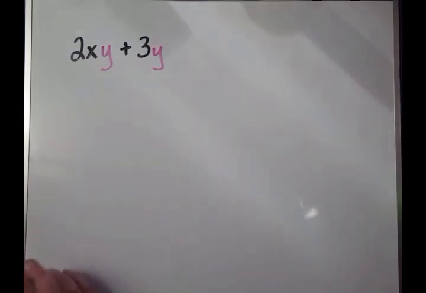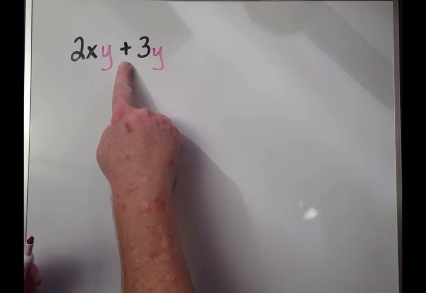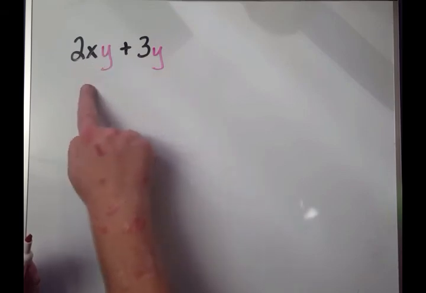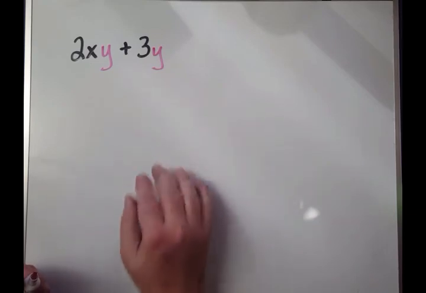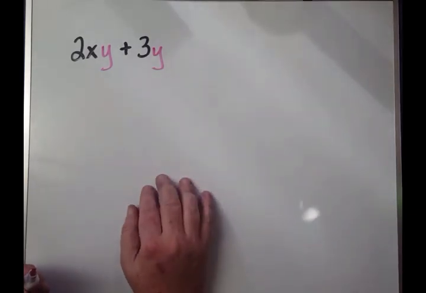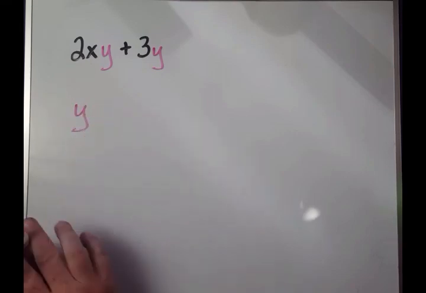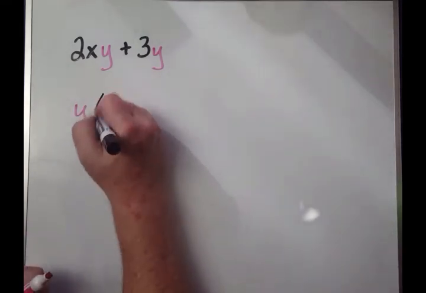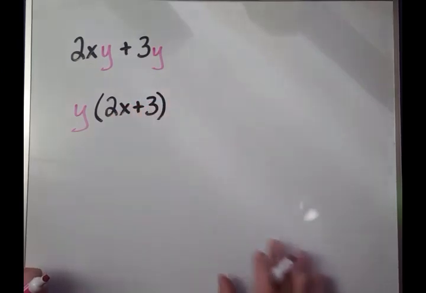How many terms do you see? There are 2 terms separated by that plus sign. Do these 2 terms have any factors in common? I've kind of highlighted it in pink for you, haven't I? They both share a common factor of y. If I factor out that y, it will leave 2x plus 3.